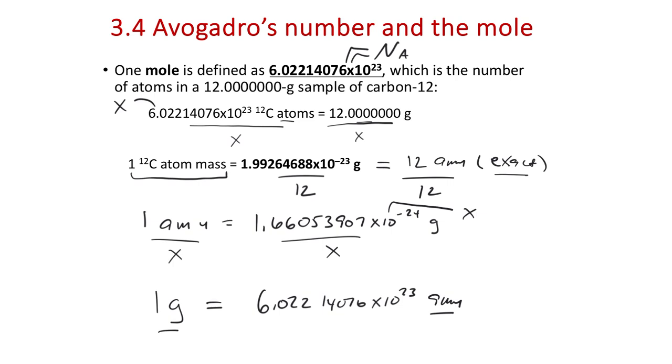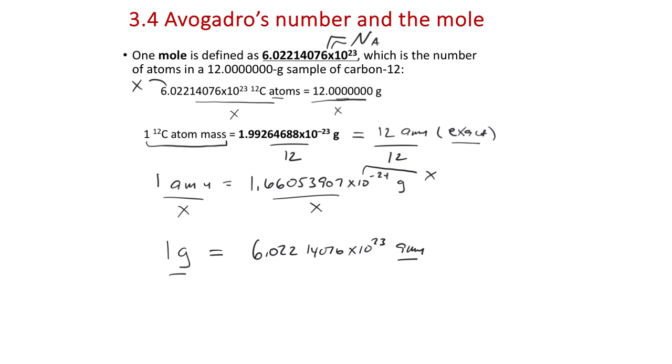We also have an Avogadro's number of atoms in the mole. So 1 mole of anything is just this Avogadro's number of the thing. So we did this example in class. So we had 1 mole of helium would be an Avogadro's number of helium, and helium's an atom, so it's an Avogadro's number of helium atoms. 1 mole of H2 would be 6.022 times 10 to the 23 H2.